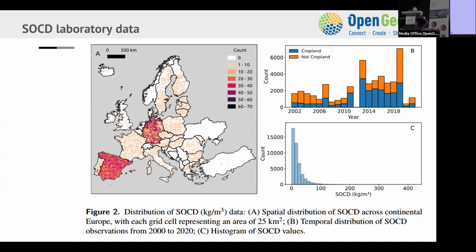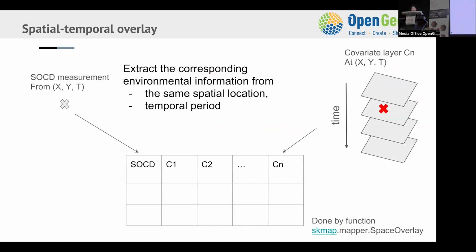And once we get both components of the input of the soil organic carbon density model, the data and the covariates, we can register them together to form a regression matrix. So we extracted the corresponding environmental information from the same spatial location and temporal period to form such a tabular data form.